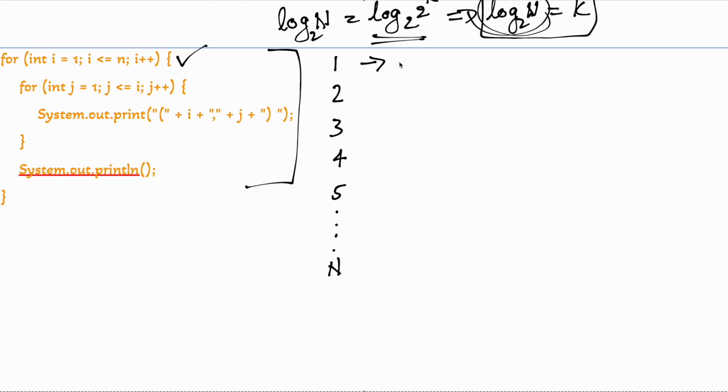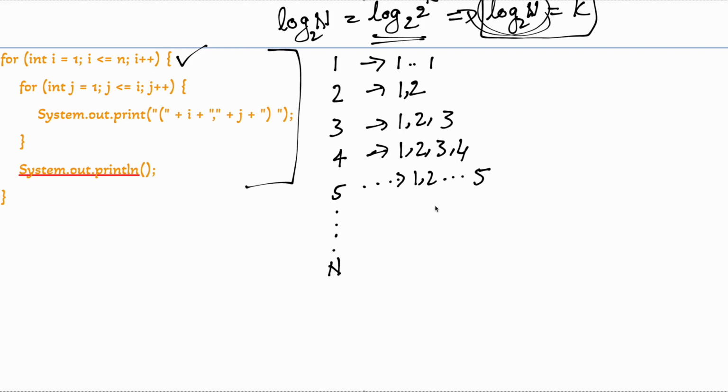So for 1 it's 1 to 1, and here it is 1 and 2, and here it is 1, 2 and 3, and here 1, 2, 3 and 4, and here it is from 1 to n, right?